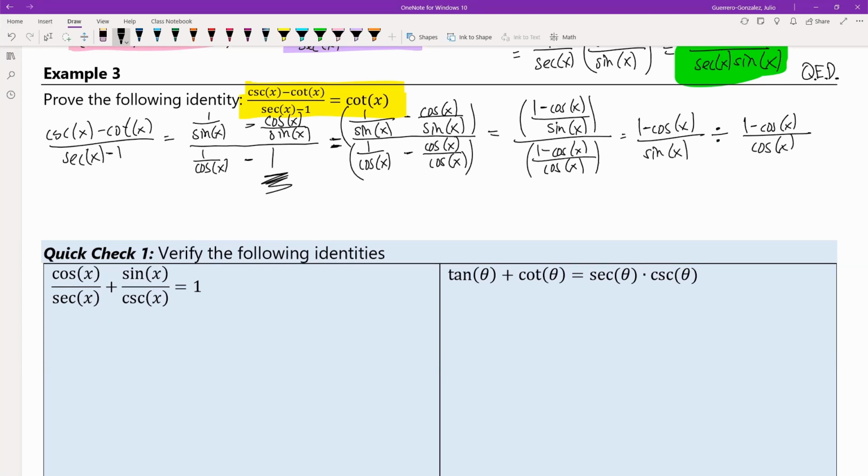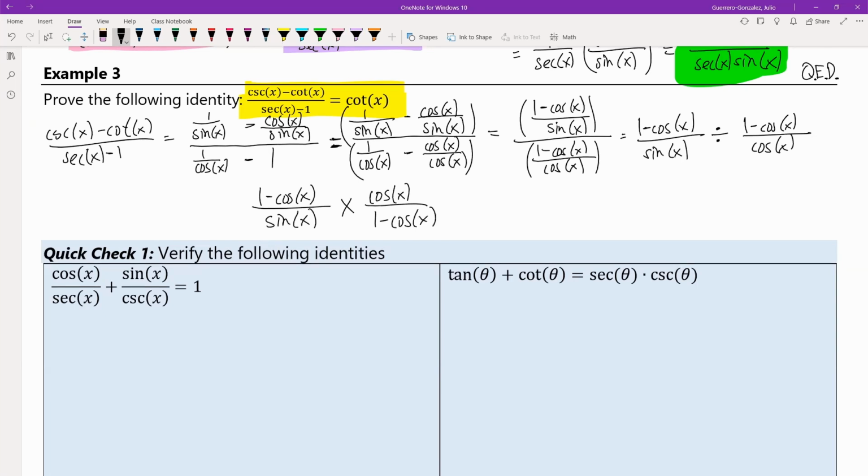This is the division of fractions, so we can grab the second one, flip it, and turn it into a multiplication: 1 minus cosine of x over sine of x times cosine of x over 1 minus cosine of x.